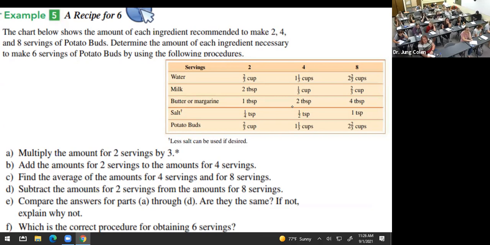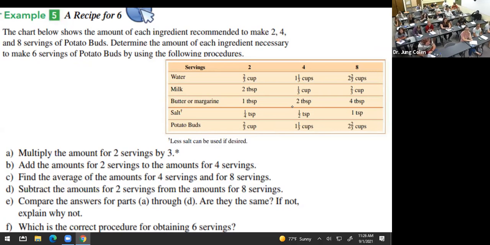Choose one of the ideas that we have talked about and actually find how much water we need, how much milk we need, how much butter or margarine we need, how much salt we need, how much potato flakes we need for 6 servings. Now let's work individually.